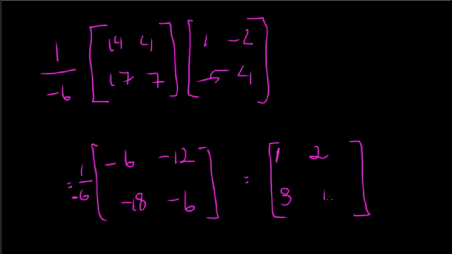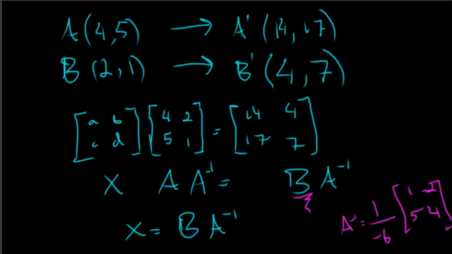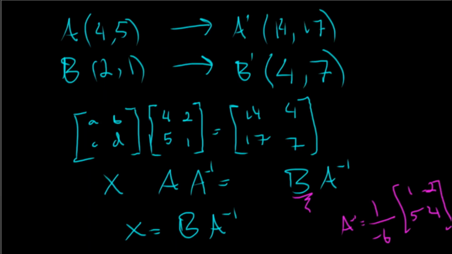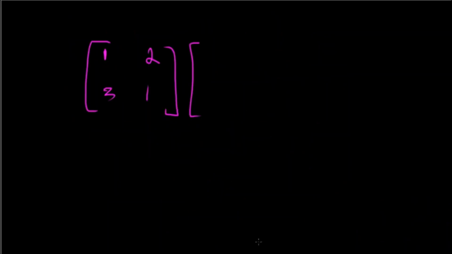All right, and this matrix takes the coordinates 4, 5 to 14, 17, and 2, 1 to 4, 7. I'm just going to double check that that actually happens. So 1, 2, 3, 1 times 4, 5, 2, 1.